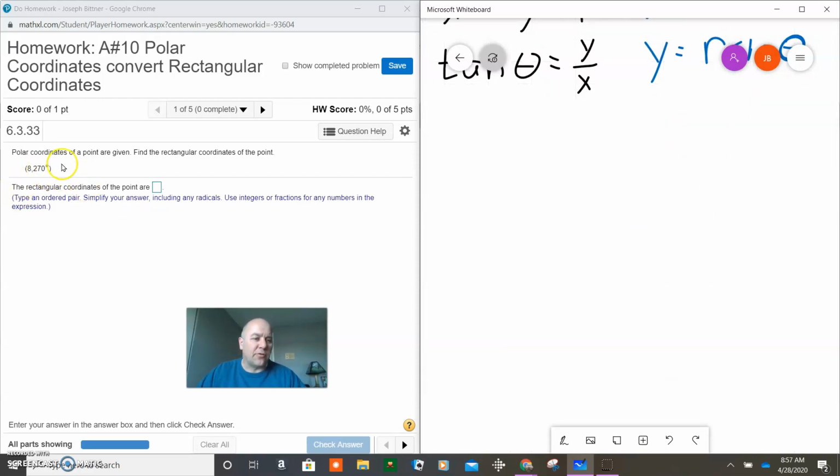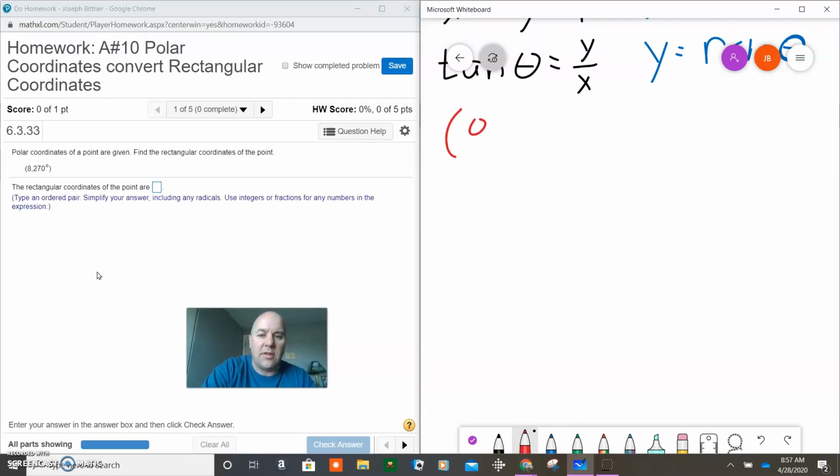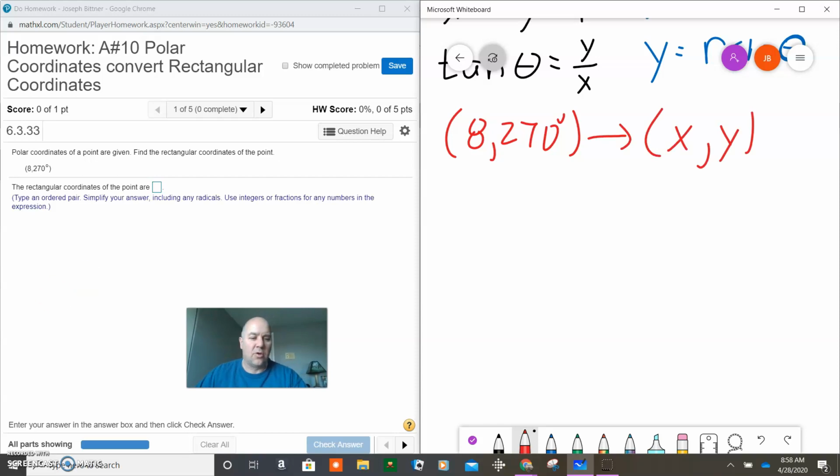All right, so as the first example, they give you the polar coordinates, and you find the rectangular. That's all you're doing. So let me change colors again. This is R, 270, and then you're trying to convert it into XY. What we're trying to convert this into is the X and Y coordinate.